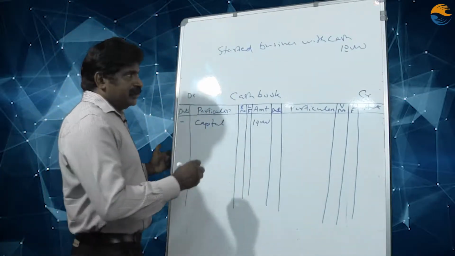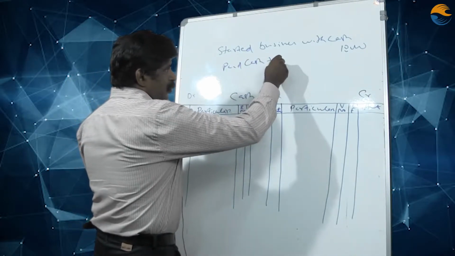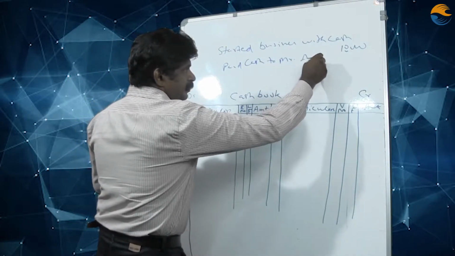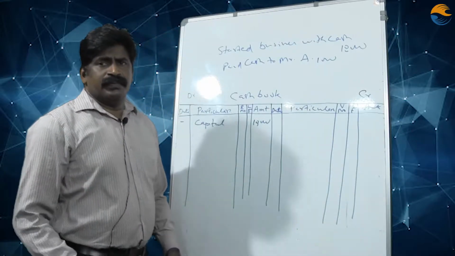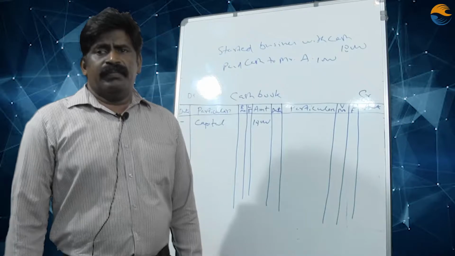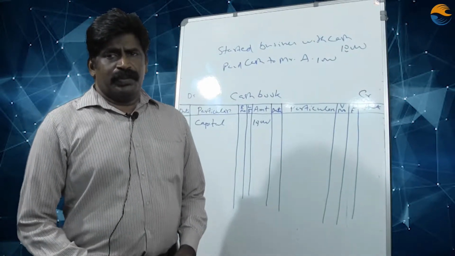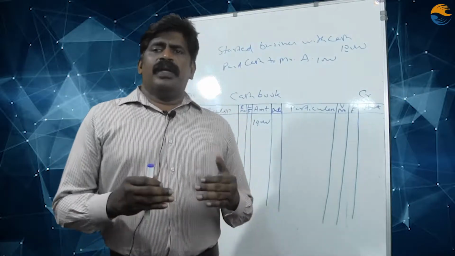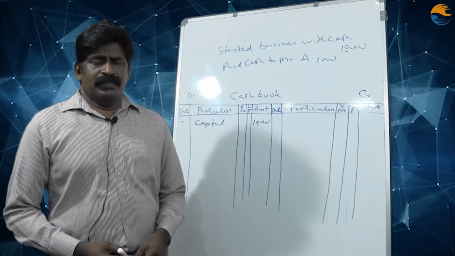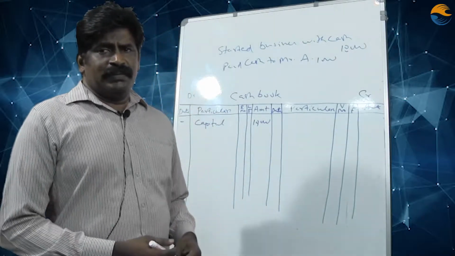Consider another transaction. Paid cash to Mr. A, 1000. If you consider this transaction, we are paying money to Mr. A, 1000 rupees to Mr. A. So money goes out of the business. When money goes out of the business, it should be considered as payment.